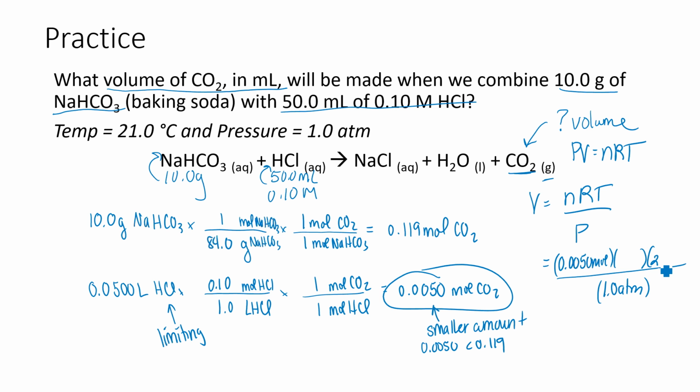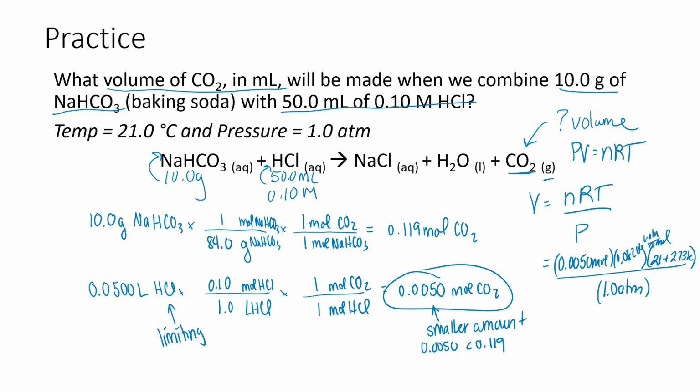Our temperature, we want to make sure we convert it to Kelvin. Always have your temperature in Kelvin when you're doing gas calculations. And if you look at your R value, you want to make sure you choose the R value that matches your pressure. So I want to use 0.08206 liters atmosphere per Kelvin mole. Use the one that has atmosphere in it.